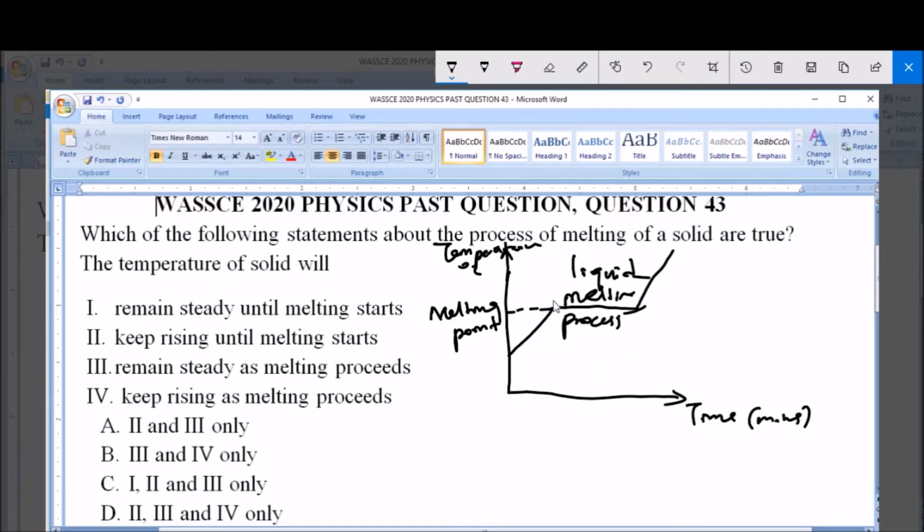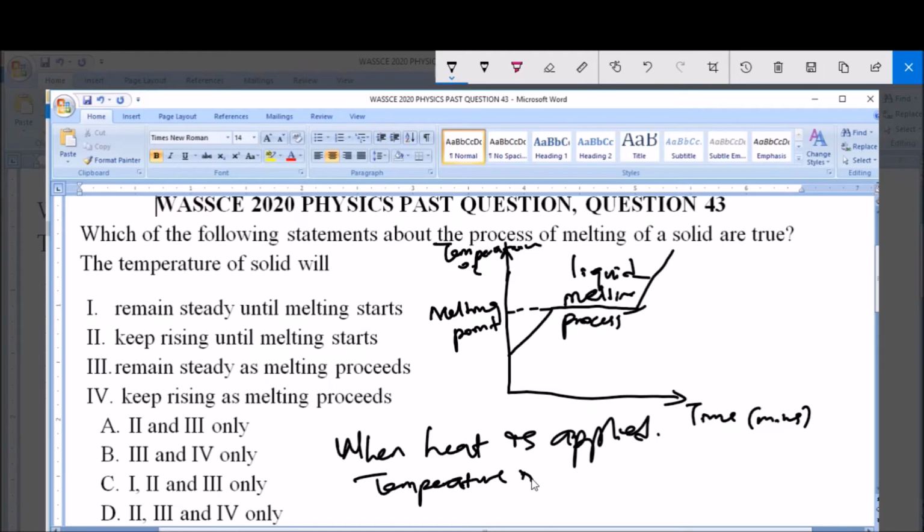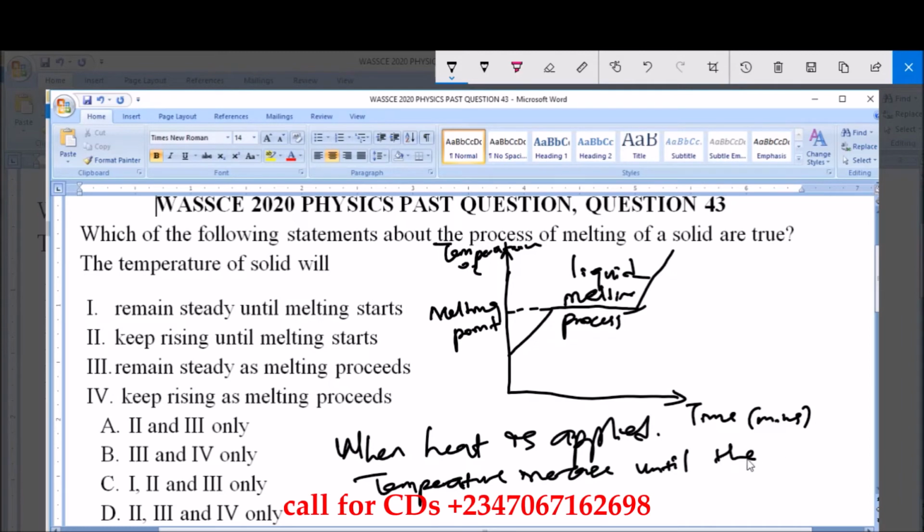It does not change. But before it reaches the melting point, what happens? The temperature increases. So when heat is applied to a solid, temperature increases until the solid begins to melt.